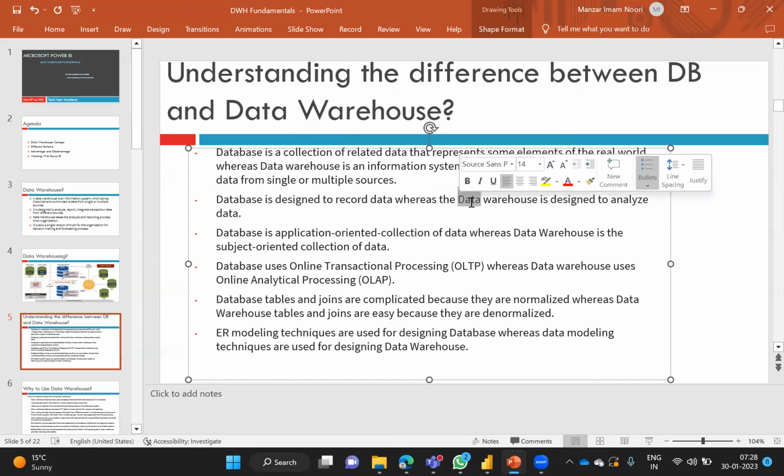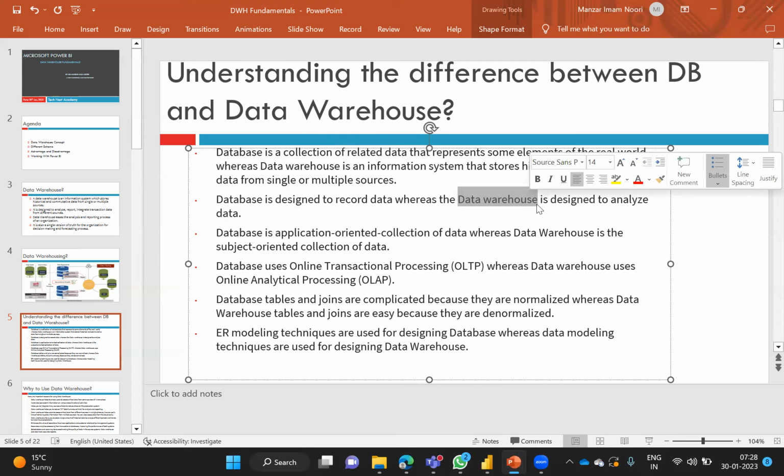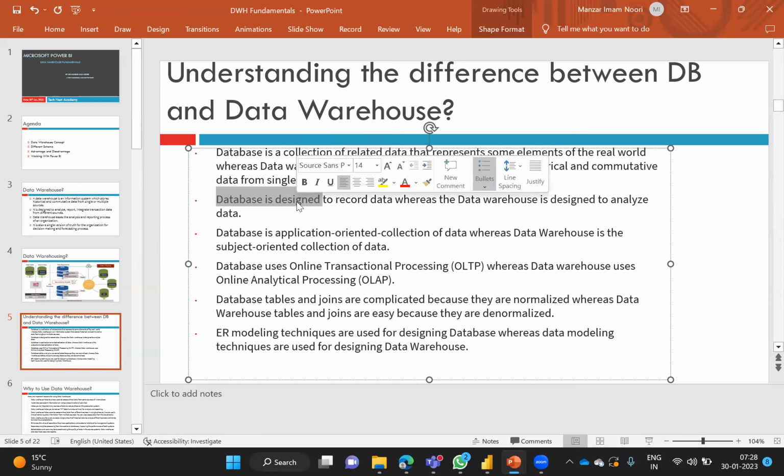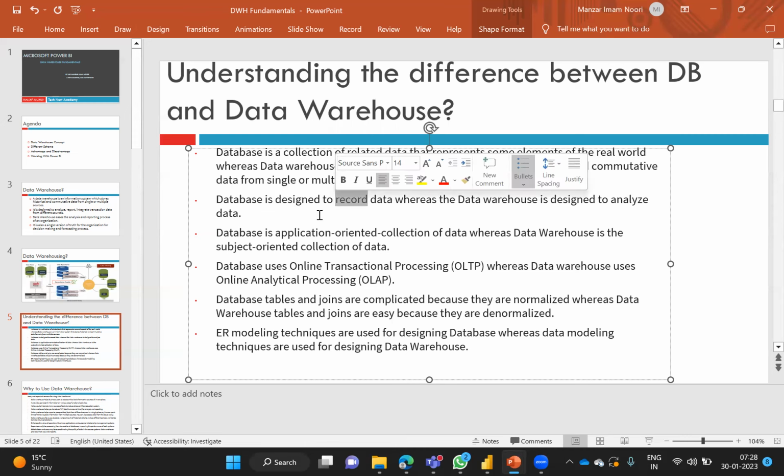In the data warehouse, it's a part of storage, but you have many more things in data warehousing. Here in the database, it's a part of the application. Whatever business you are doing, and you want to record the daily transactions, for that purpose you are using the database.